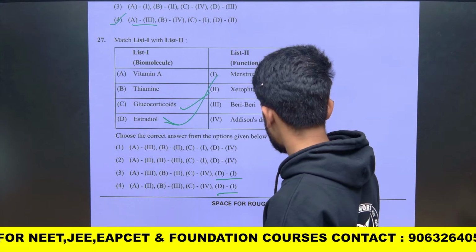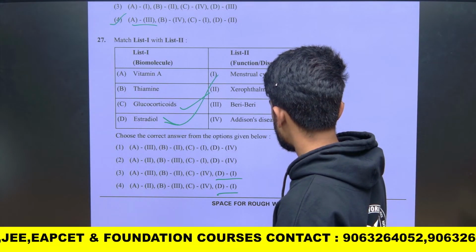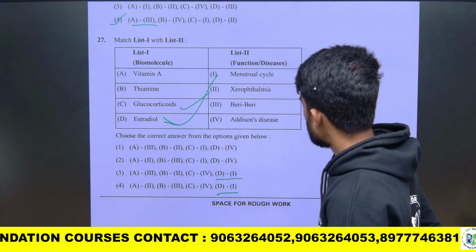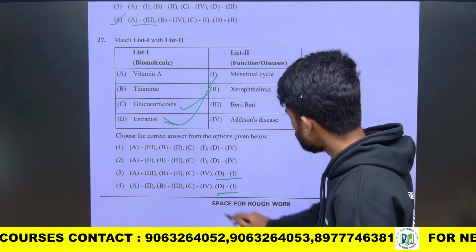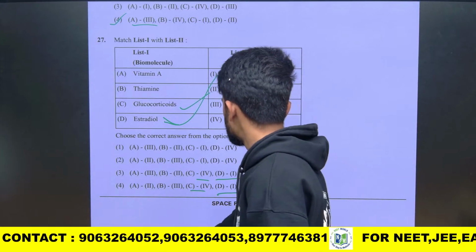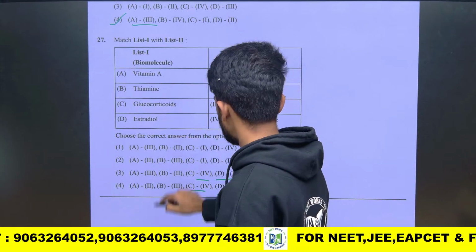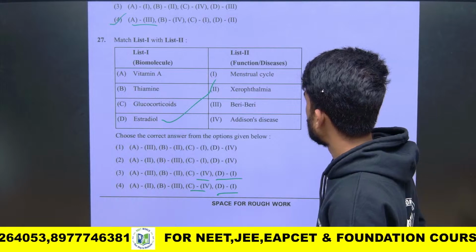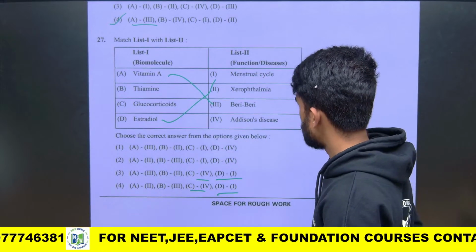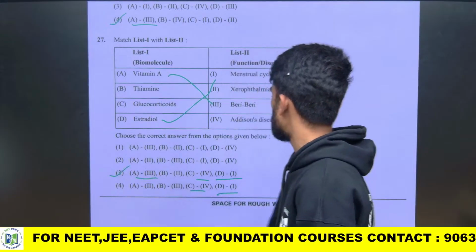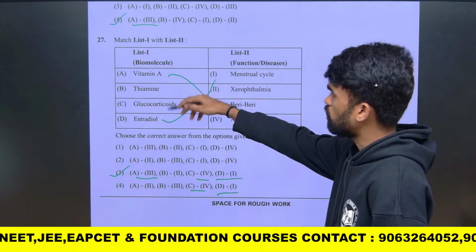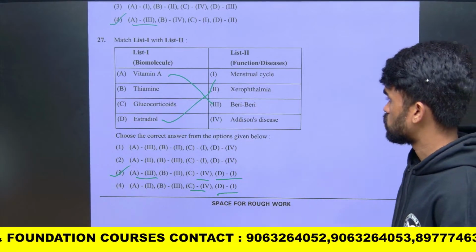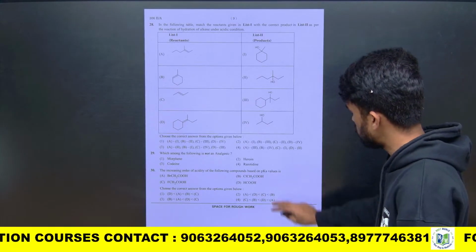C3. So D1 is there. The next C4. So it means Addison's disease. The next beriberi. So A3 is there in this option. So you can go with option number 3. Like that, whatever the concepts, whatever the topics you know, based on that also you can eliminate this kind of options. So nothing to worry about unknown things during the exam.